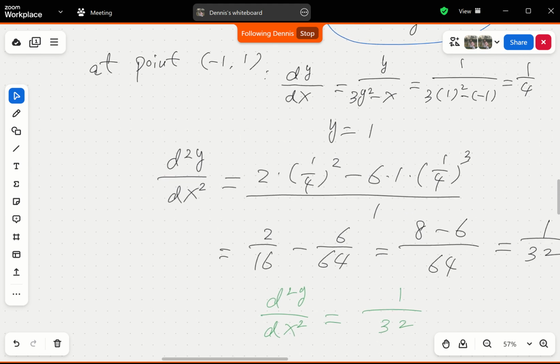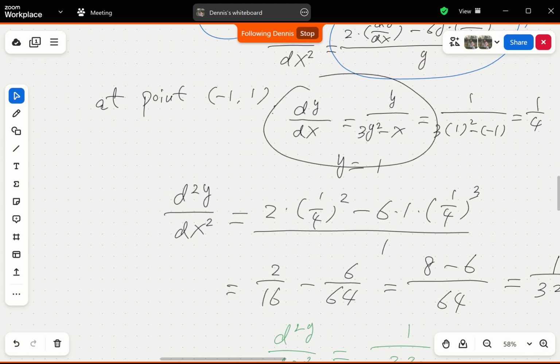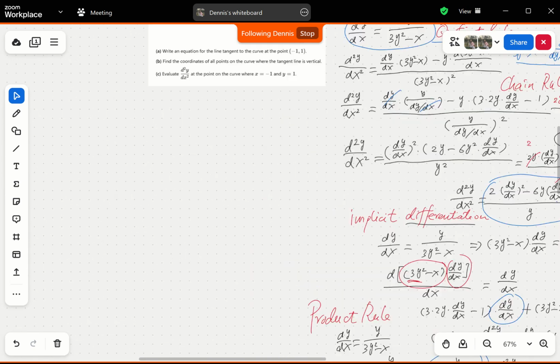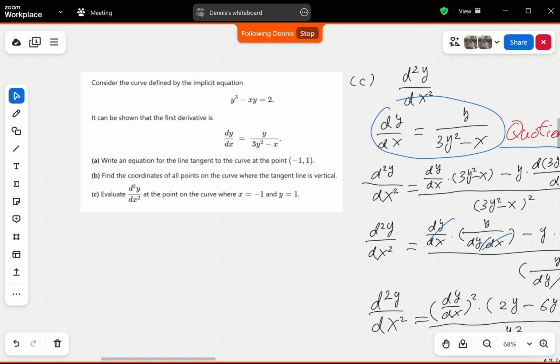And by the way, though the expression of dy with respect to x is already given by the problem, you can actually solve that dy with respect to x by implicit differentiation on your own, because the curve equation is given implicitly as y to the third minus xy equals 2.